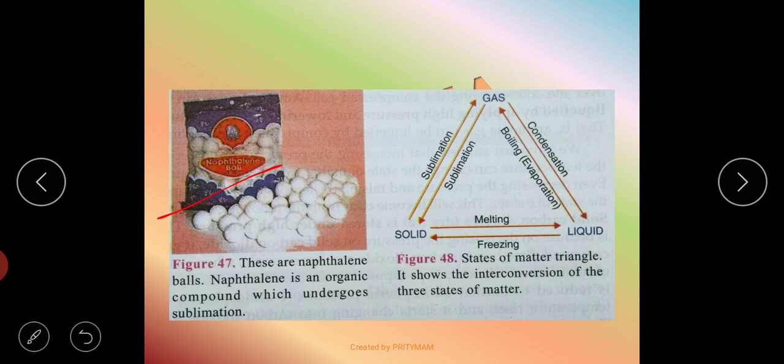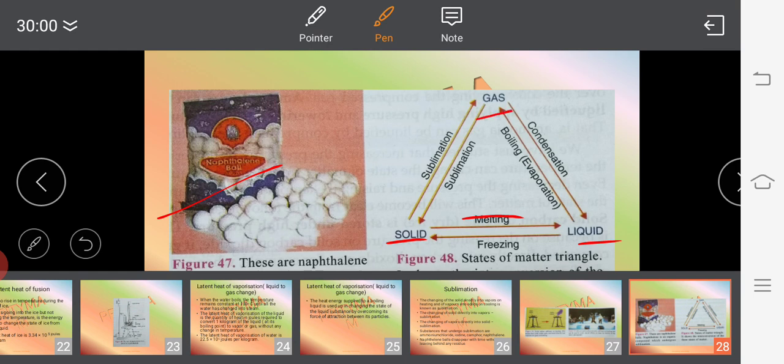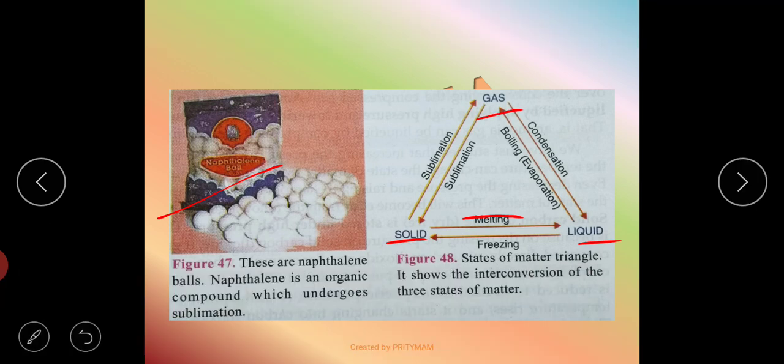This is a triangular interconversion of the three states of matter, shown over here in the states of matter triangle. It shows that solid on melting forms liquid, liquid on boiling forms gas, and gas on sublimation forms solid.